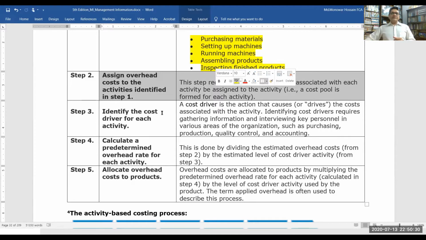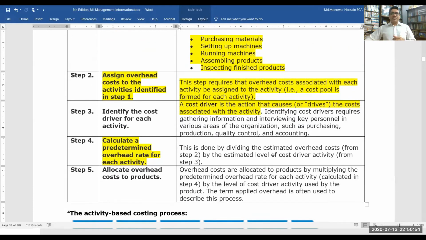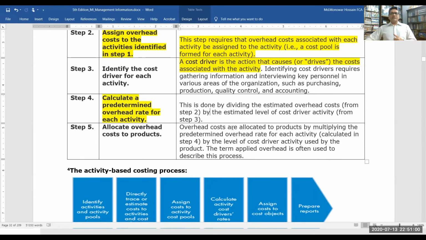And then identify the cost driver for each activity. The cost driver is the action that causes or drives the cost associated with the activities. So I have to identify the cost driver and then calculate the predetermined overhead rate for each activity. This is done by dividing the estimated overhead cost by the estimated level of cost driver activity that we find from step 3.